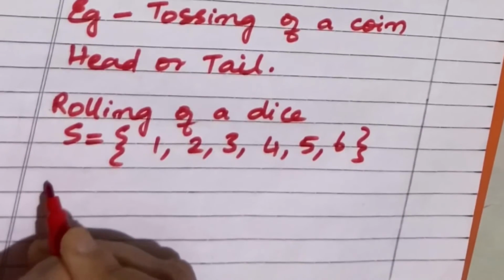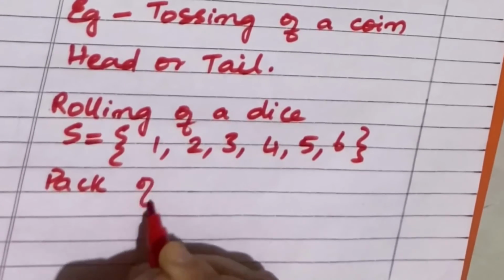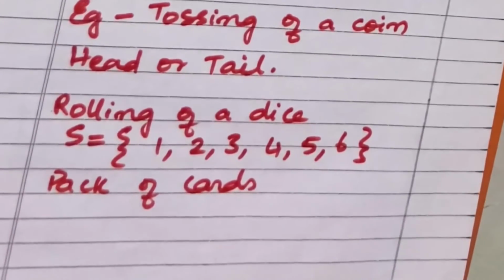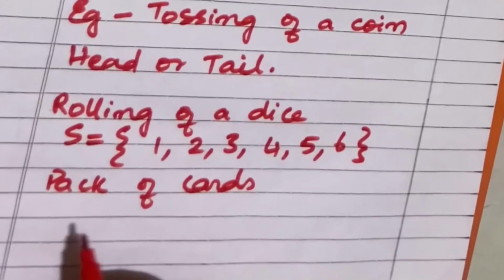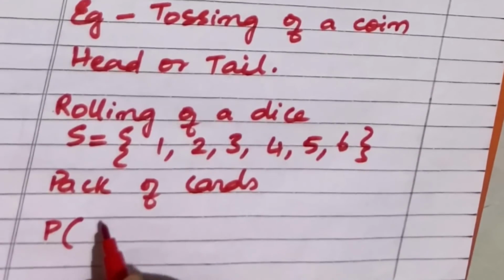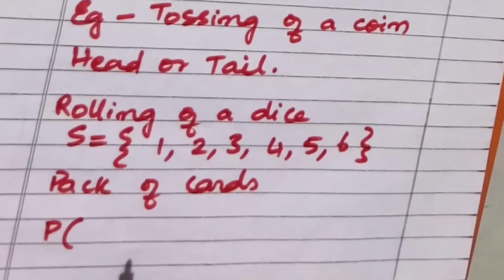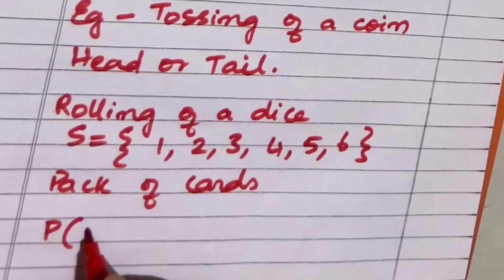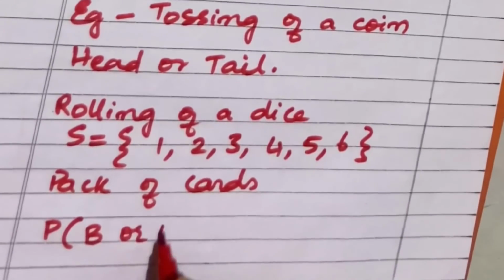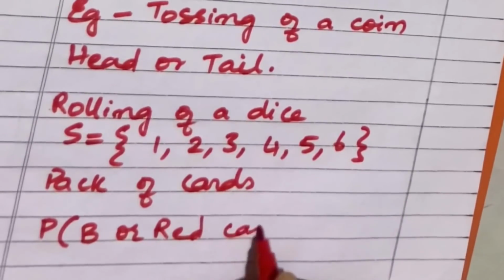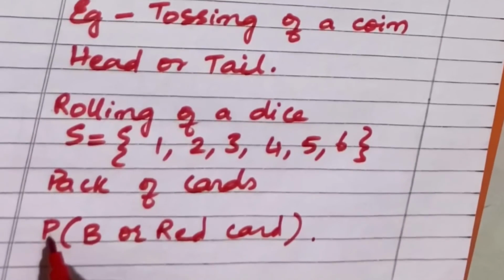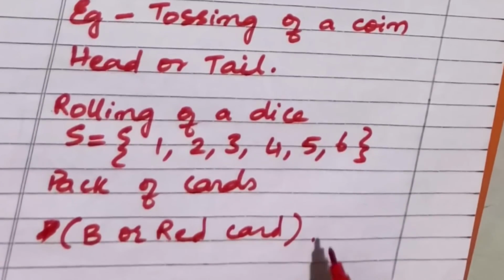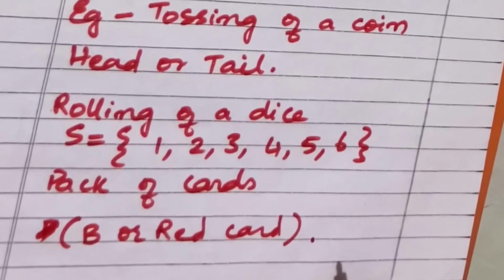When you have a pack of cards, you pick one card at a time. When you pick a card, you can pick either a black card or a red card. This is all about mutually exclusive events. Thank you.